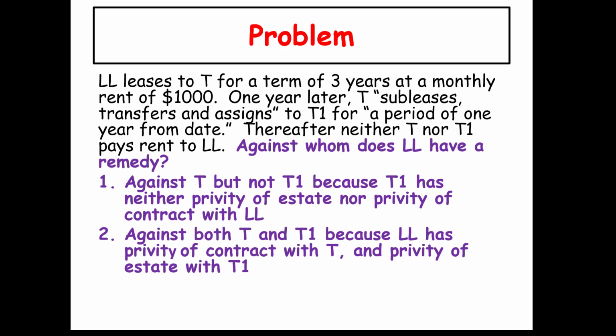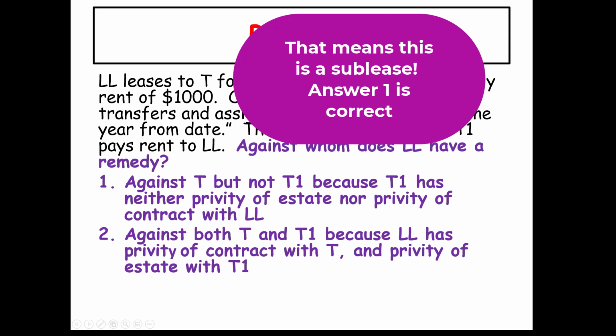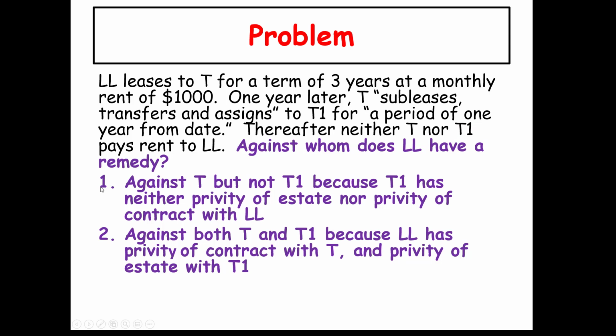So here in this question, we see that there's a 3-year lease, and 1 year into that lease, T transfers 1 year to T1. So that tells us that year 2 of this 3-year lease is being transferred to the new tenant. That means there's still the 3rd year that the tenant has retained. That makes this a sublease. Because it's a sublease, the correct answer here is 1, that the landlord has neither privity of estate nor privity of contract with the new tenant, and therefore the remedy is against the original tenant.